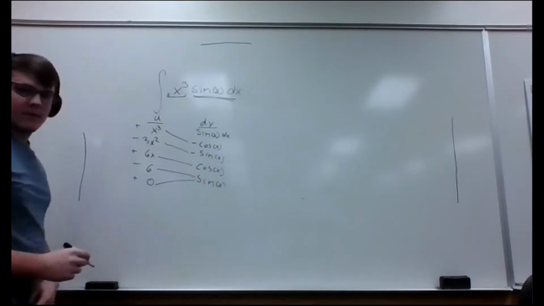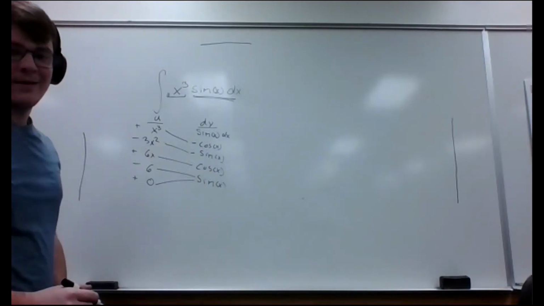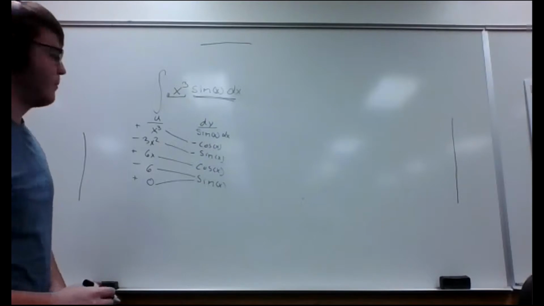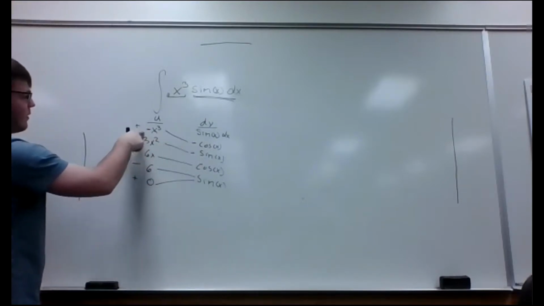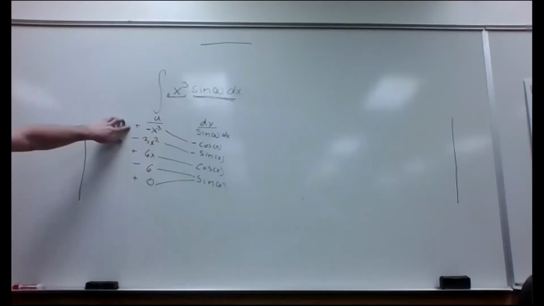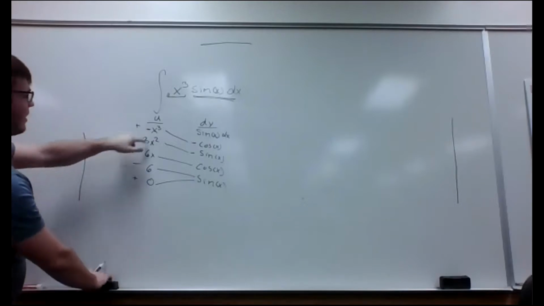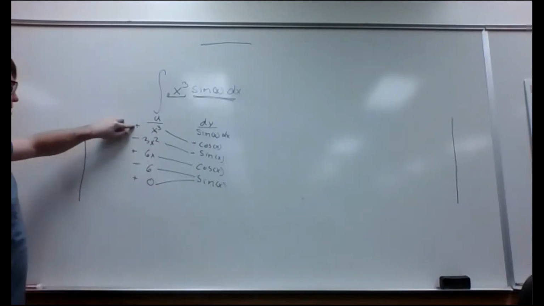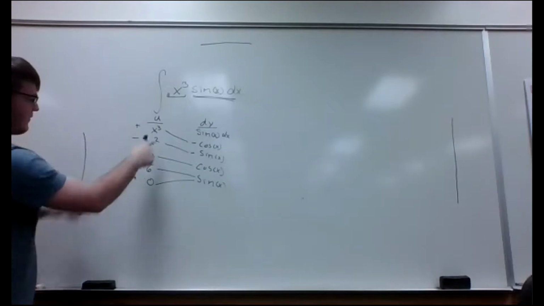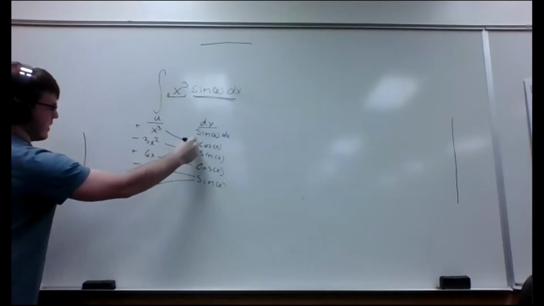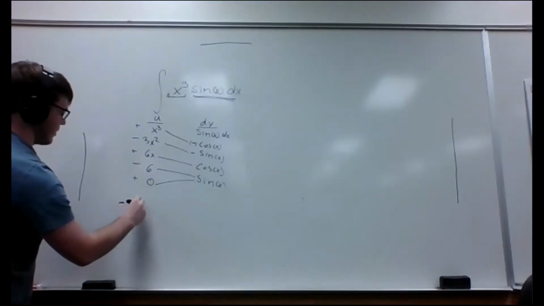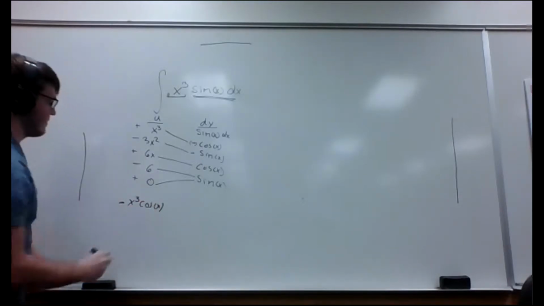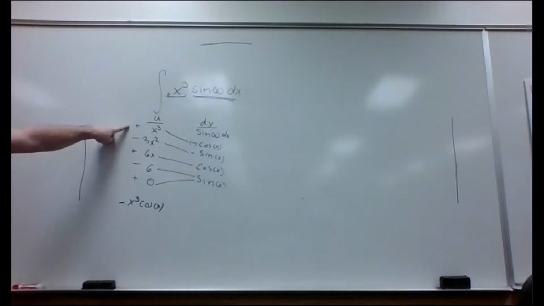Technically, it would start off negative if it was like negative x cubed, though, right? Yeah, so if this was like a negative, it's kind of like what I was saying here. We're always going to declare it positive, but it doesn't necessarily mean that the first term is going to be positive. You're right. Our first term is actually going to be negative because of our negative over here. So our first term is going to be negative x cubed cosine x, even though we started with a positive, right?